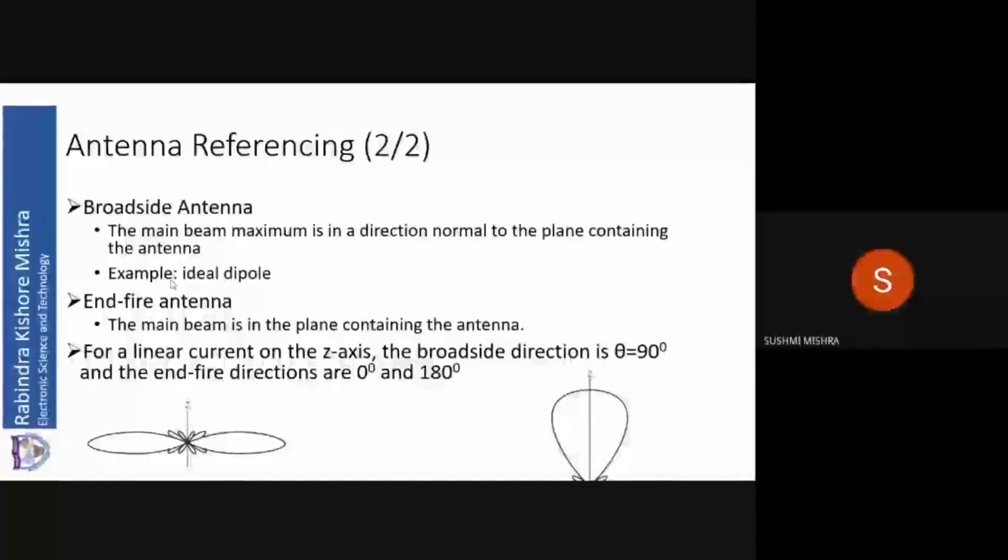For a linear current on the Z axis, the broadside direction is theta equal to 90 degrees and the end fire directions are 0 and 180 degrees. Between these two extremes, end fire and broadside, lie all other patterns, which we call intermediate patterns. Either it is broadside, or it is end fire, or it is intermediate between broadside and end fire.